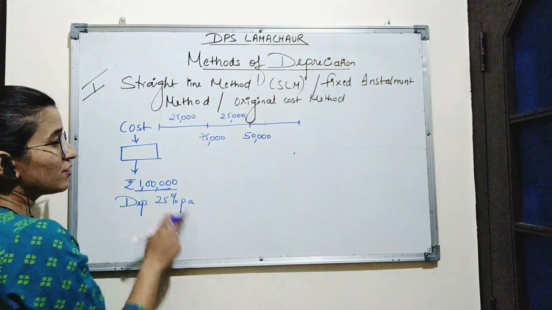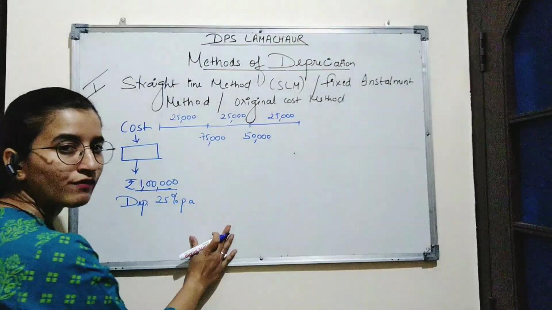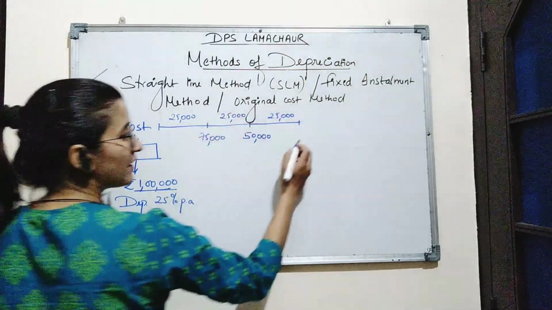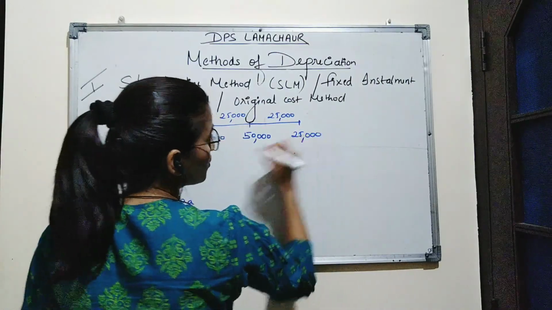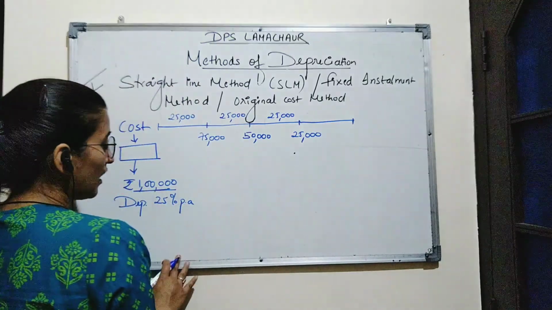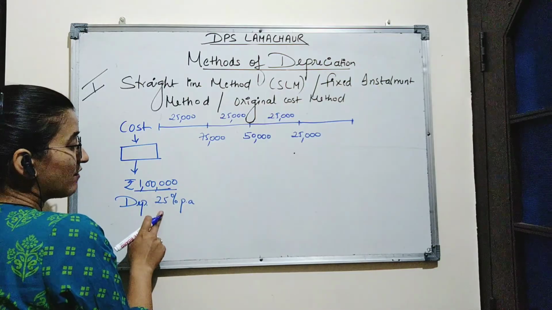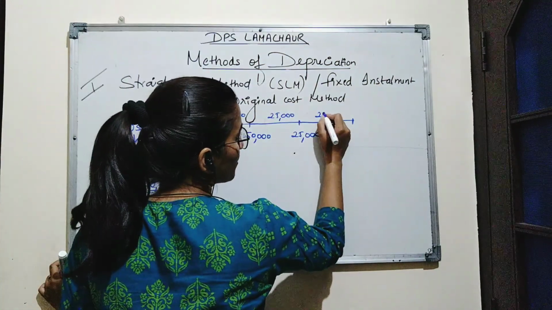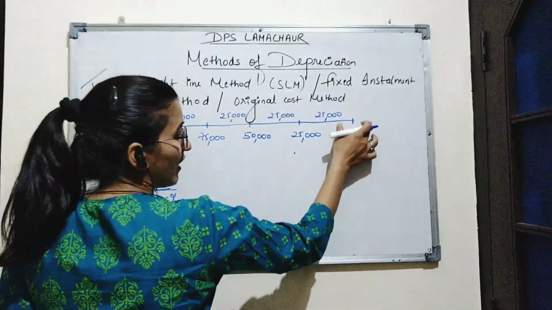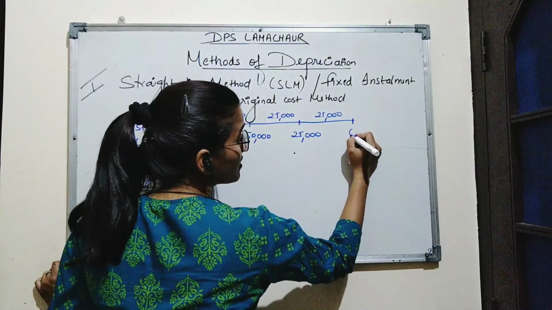So 25% of 1 lakh is again 25,000. And the value of asset remaining at the end of third year will be 50,000 minus 25,000, which is 25,000. In the fourth year, again the depreciation amount of that asset will be 25% of 1 lakh, which is 25,000.